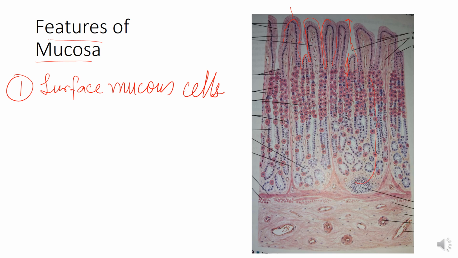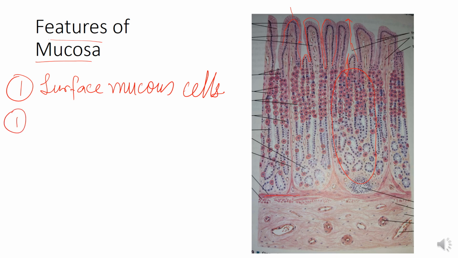So these are the gastric glands which are extending to the whole length of the lamina propria, the full thickness of the lamina propria. So you can see here, and third layer is the muscularis mucosae, which consists of smooth muscles, 2 or 3 layers of smooth muscles.